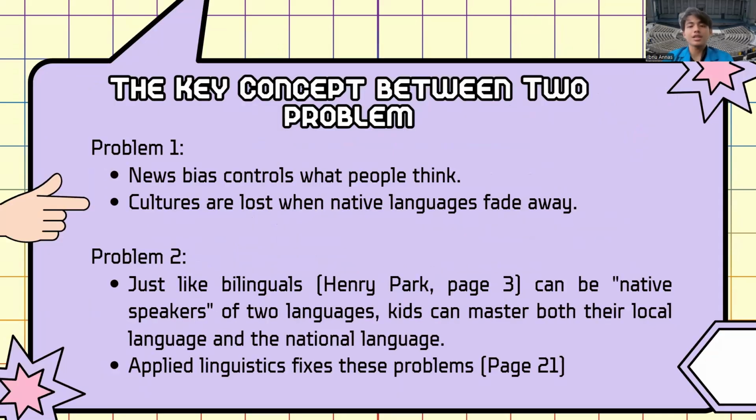But education is the key. When schools shape the future, we can save the language itself. And applied linguistics gives us tools to solve real-world problems, not just to study grammar or pronunciation of the language.